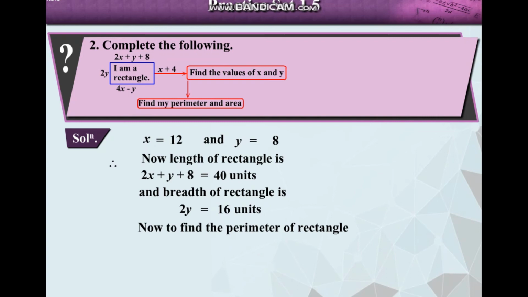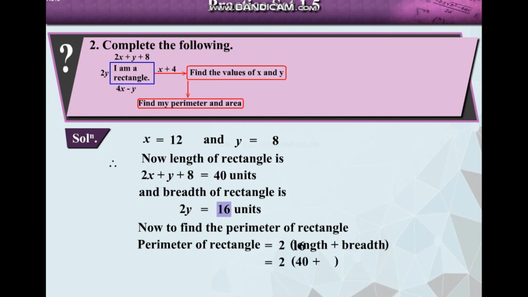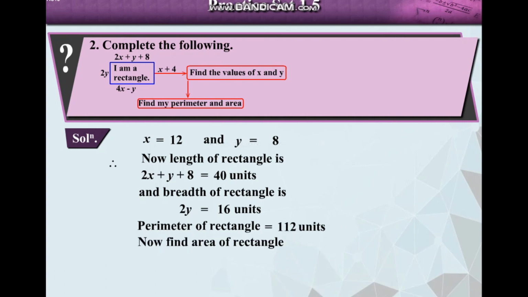Now, to find the perimeter of rectangle. Perimeter of rectangle is equal to 2 multiplied by (length plus breadth), which is equal to 2 multiplied by (40 plus 16), which is equal to 2 multiplied by 56, which is equal to 112 units. Now, find area of rectangle.